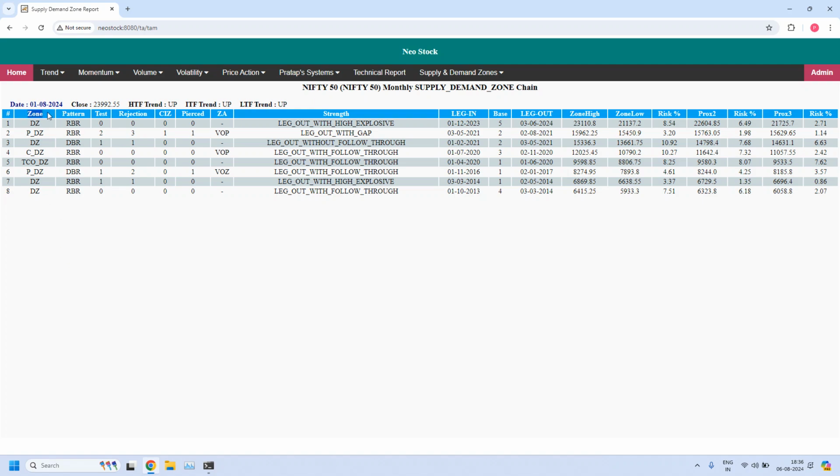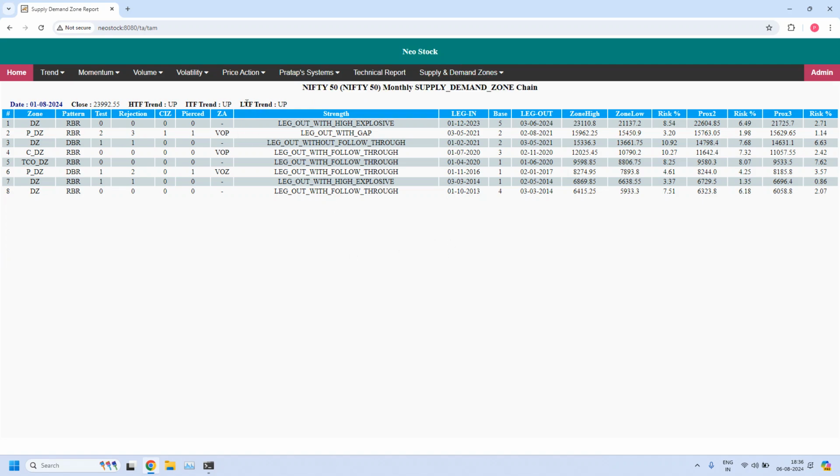Always focus on the zone column to identify high liquidity zones, and look into the test column and the rejections column also, to check whether the zone is tested, and always look into the pierced column, to see if the zone is not pierced. The remaining columns you can easily understand.